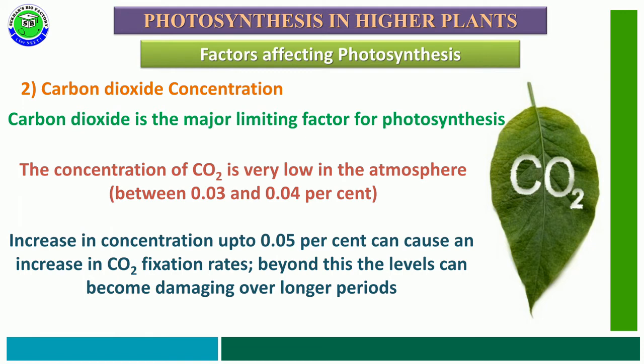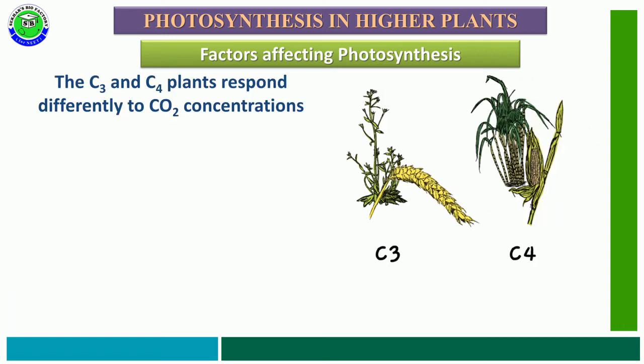Whenever the carbon dioxide concentration increases slightly up to 0.05%, it can cause an increase in carbon dioxide fixation rate. But beyond this, if the concentration of carbon dioxide increases, it becomes damaging over a long period of photosynthesis.